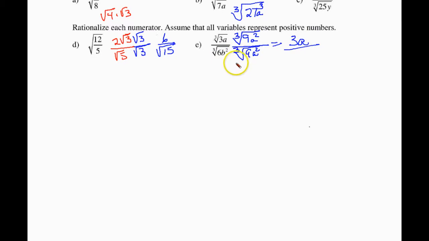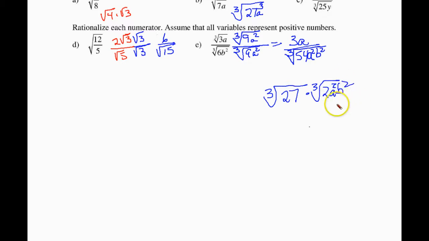And I get the cube root of 54 a squared b squared. 6 times 9 is 54, but there is a perfect cube in there. So this is going to tease apart into the cube root of 27 times the cube root of 2a squared b squared.